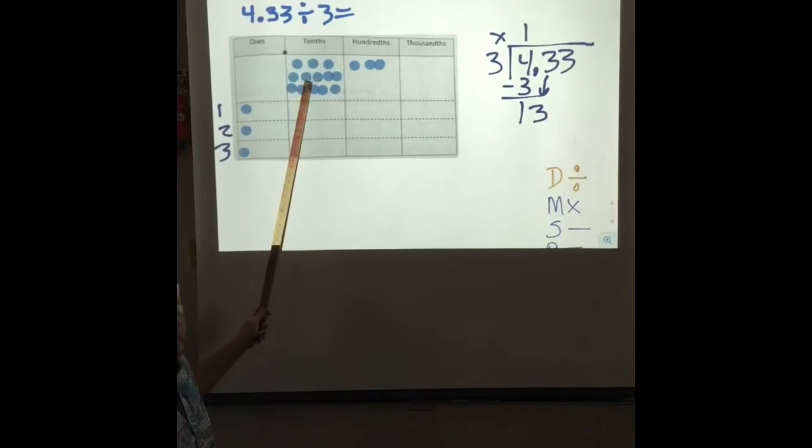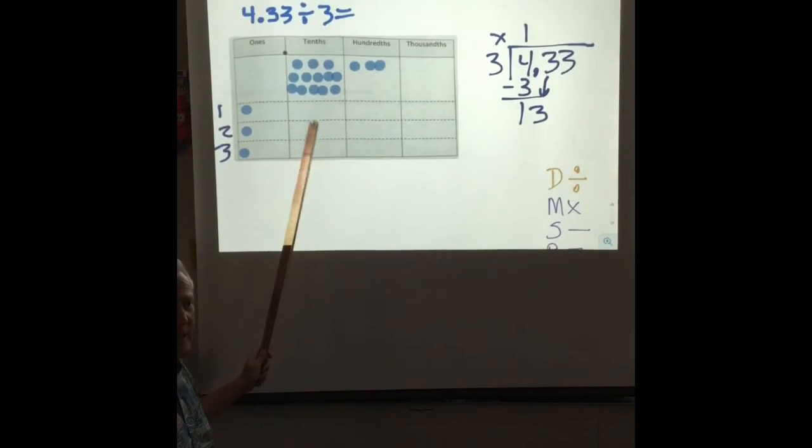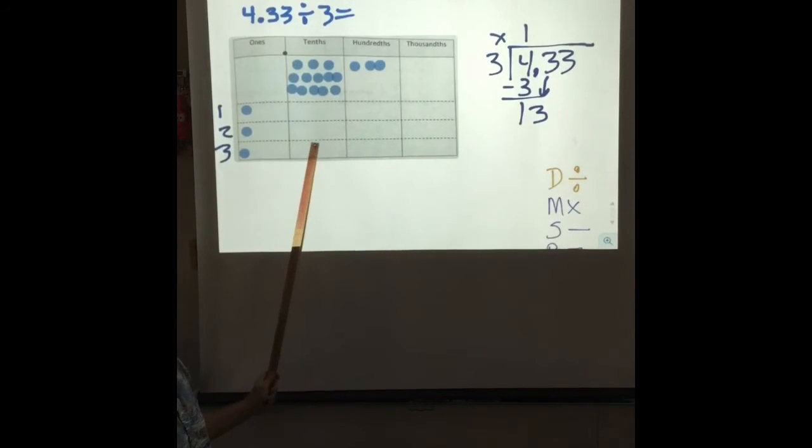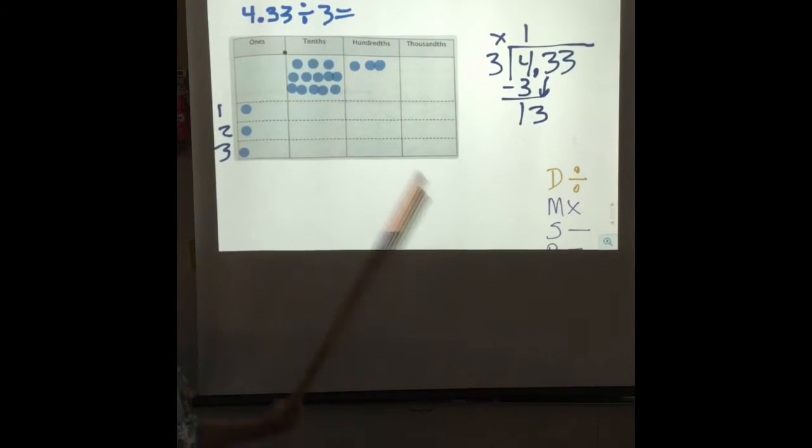Now I'm going to do what? I'm going to distribute these dots out in my groups. So let's do that. Now here's where you want to watch, because I'm going to start erasing things, okay? Here we go. I'll erase the top dot and we'll put it there.